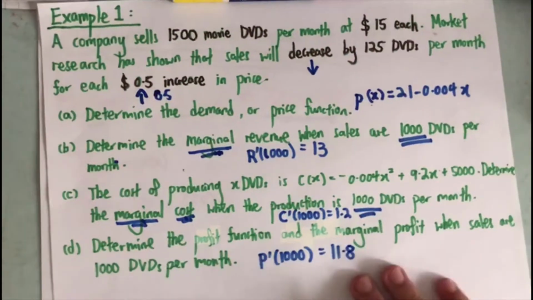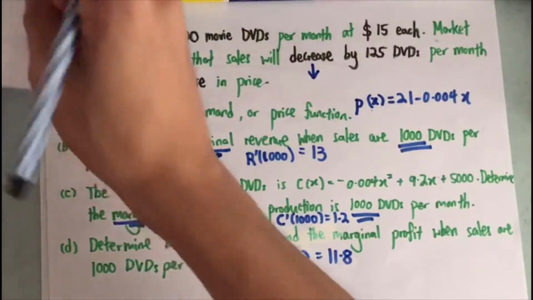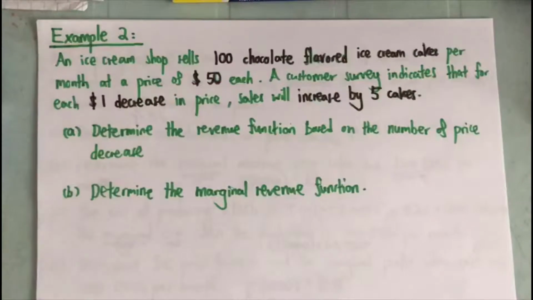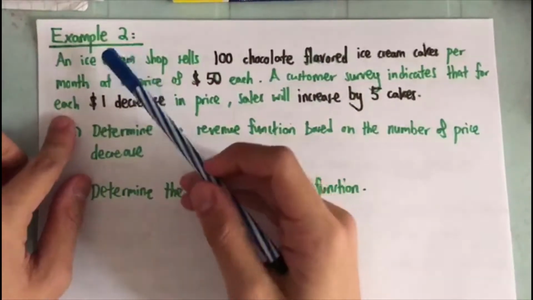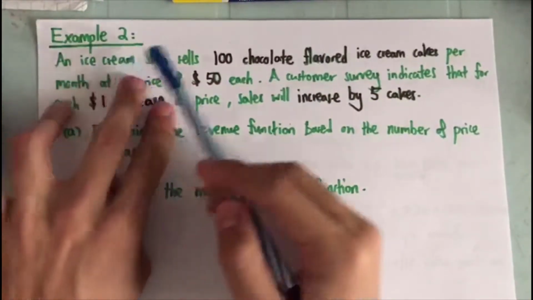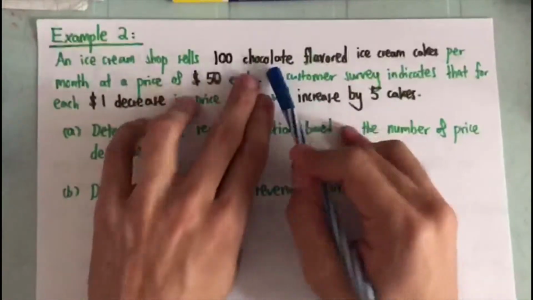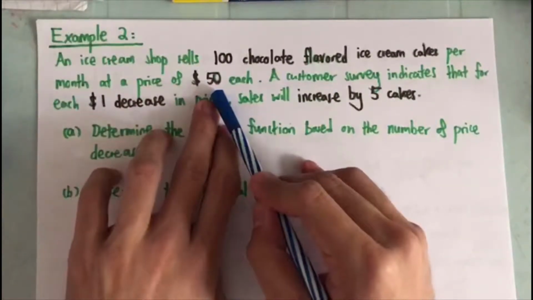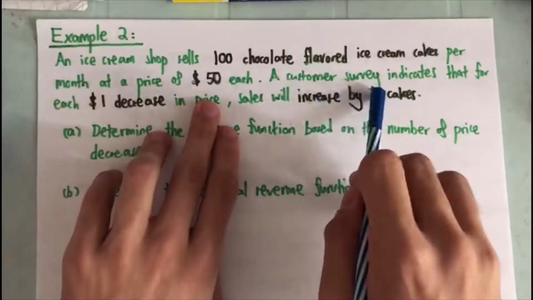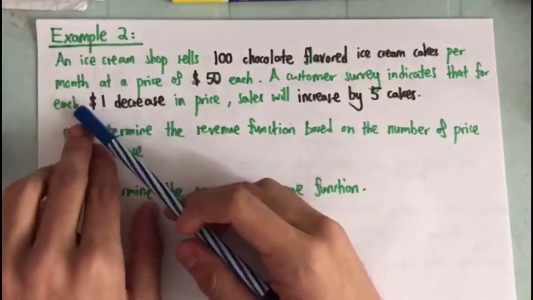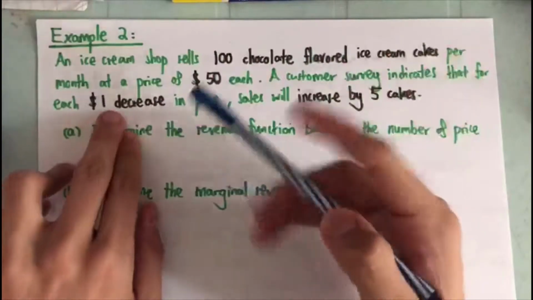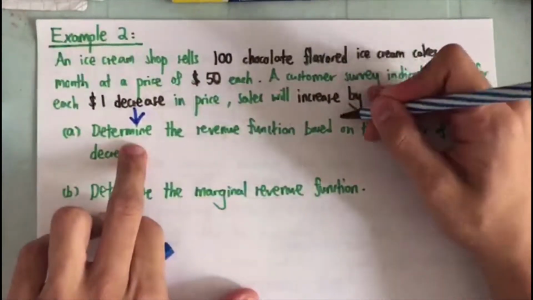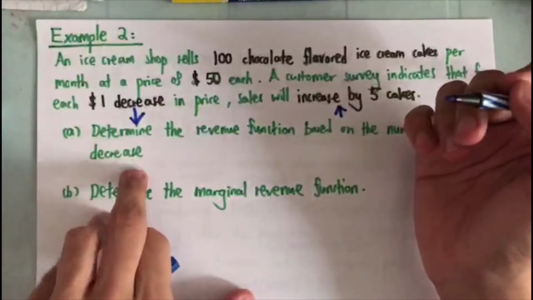Now let's look at the second example. Okay, let's look at this question. An ice cream shop sells 100 chocolate flavored ice cream cakes per month at a price of $50 each. A customer survey indicates that for each $1 decrease in price, sales will increase by 5 cakes.